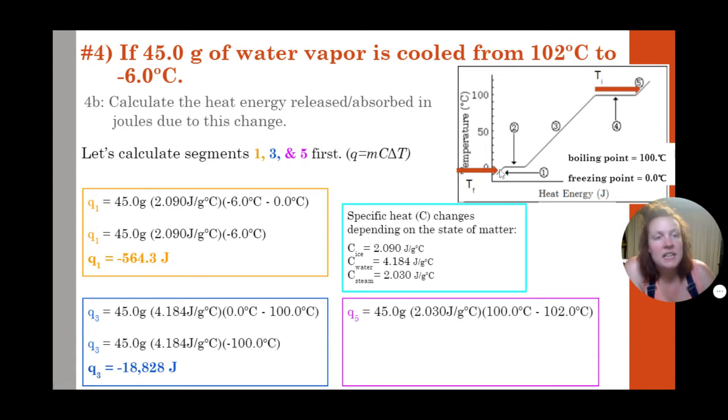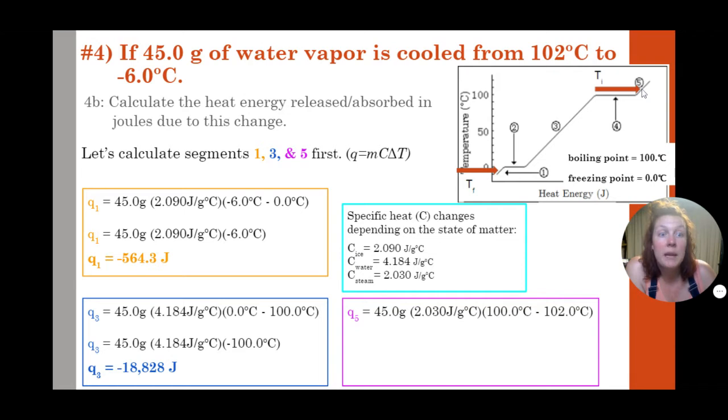The last segment is segment 5, and just like we've done before, because segment 5 doesn't go all the way down to -6 degrees Celsius, we have to use which parts of it are actually present up here. We can't use the stuff down here. So because we're moving right to left, our initial is going to be the highest value given to us, so 102 degrees Celsius.